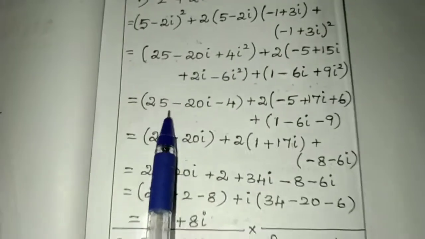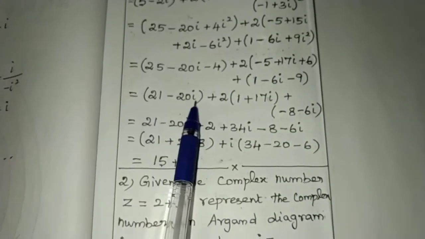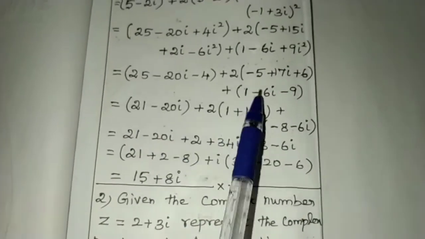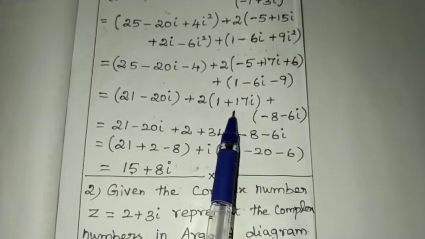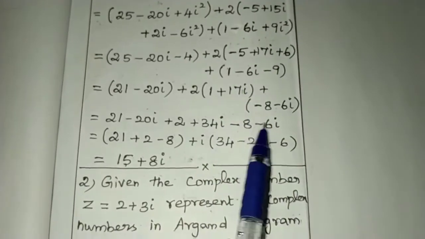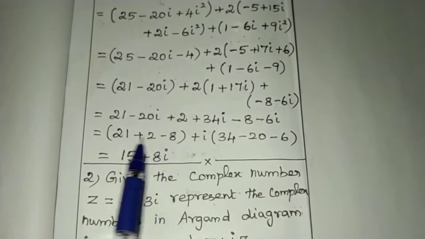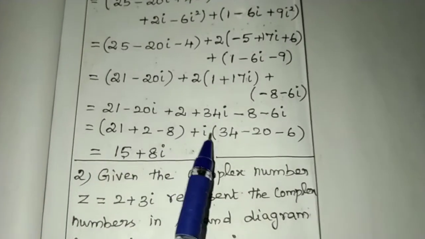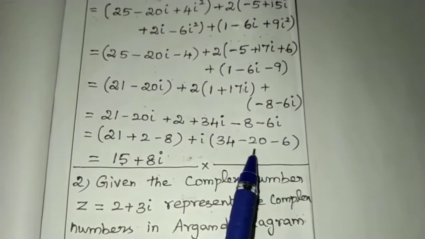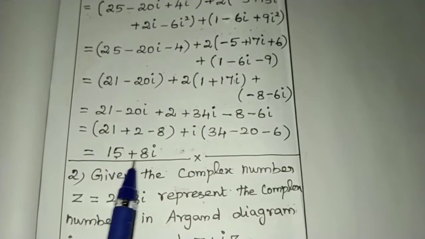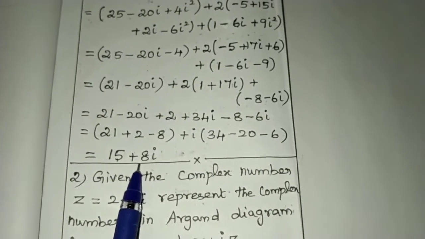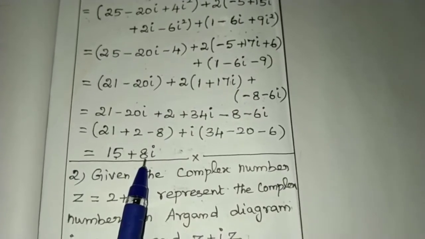And simplify: 25 minus 4, 21 minus 20i, plus 2 into simplify 1 plus 17i, simplify minus 8 minus 6i. Now collect the real part plus i into imaginary parts. Simplify, we get 15 plus 2i, 15 plus 8i. Understand or not?